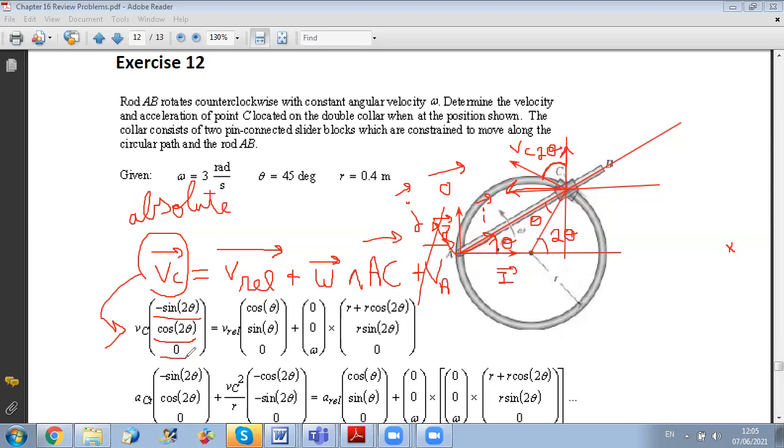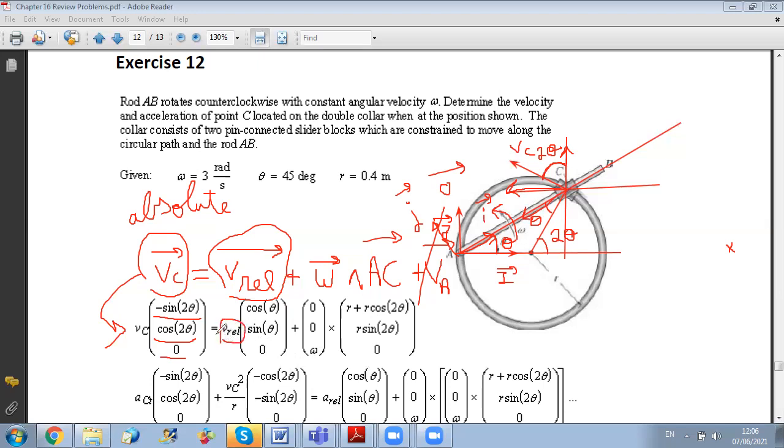Now, second step, I will move to V relative. We know that the collar is translating with respect to the rod, so it's moving along AB. Here also you can expect that if omega is counterclockwise, the collar will go downward. That means it will be along minus R. If you didn't pay attention, it's not a problem. When you solve, V relative comes out negative.